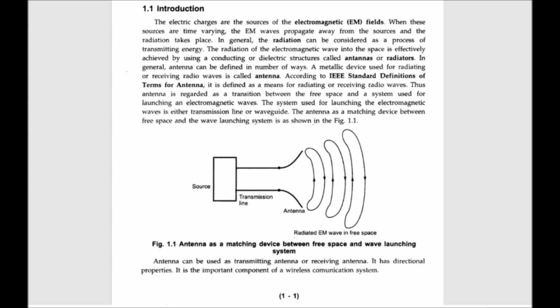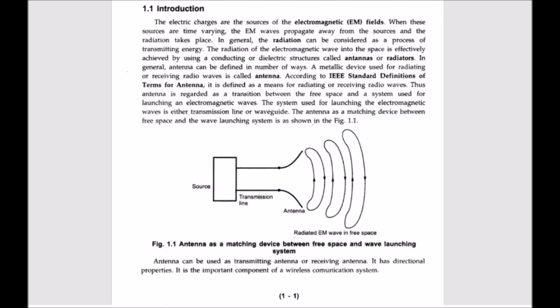Introduction. The electric charges are the sources of the electromagnetic EM fields. When these sources are time varying, the EM waves propagate away from the sources and the radiation takes place. In general, the radiation can be considered as a process of transmitting energy.